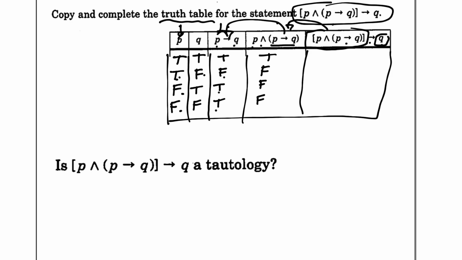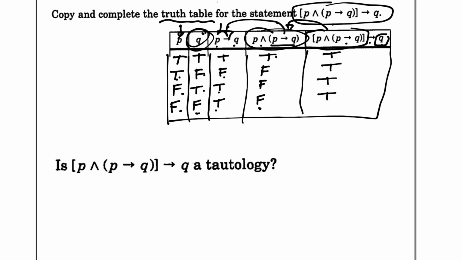So here I have to kind of look at this row, this column, and this column, but even though this column's on the right, it's on the left of the expression. So TT is true, FF is true, F to T, that's okay, true. The only one that would give me a false is if there was a true in this column and a false in that column, but that didn't happen at all. So at the end, it became just true, true, true, true.